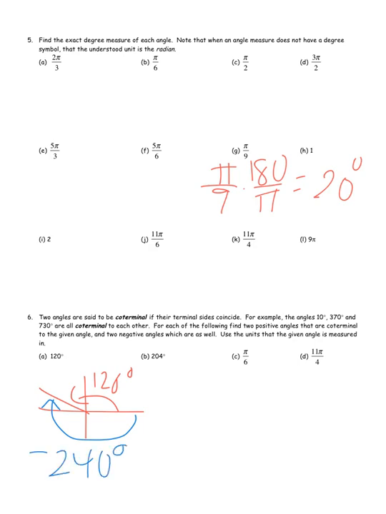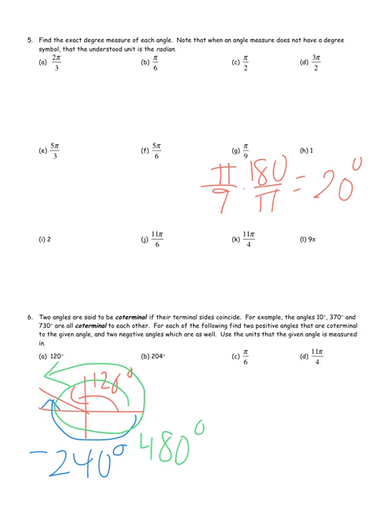Or we could say another angle coterminal to 120 is, if I were to go a full rotation, plus 120. So 360 plus 120 would be 480. So it's also coterminal to 480.